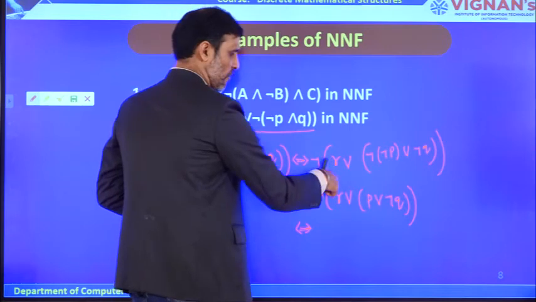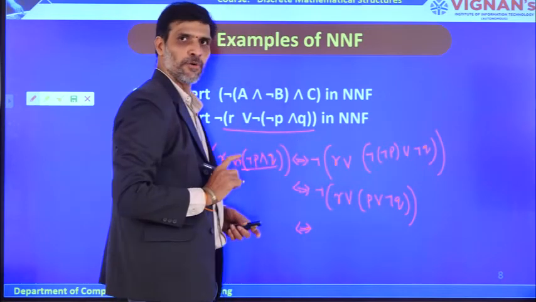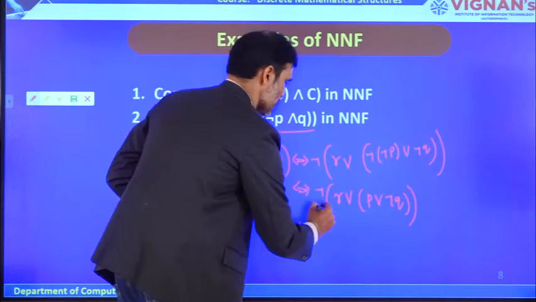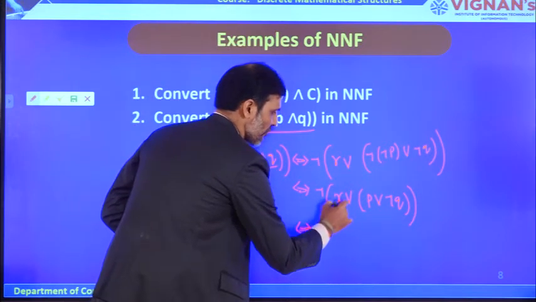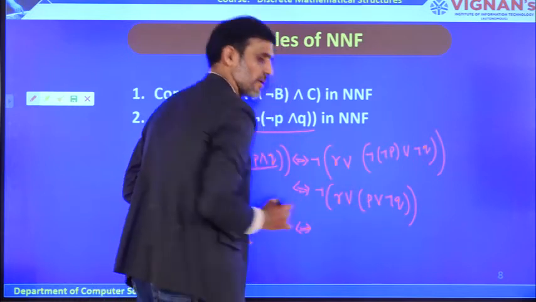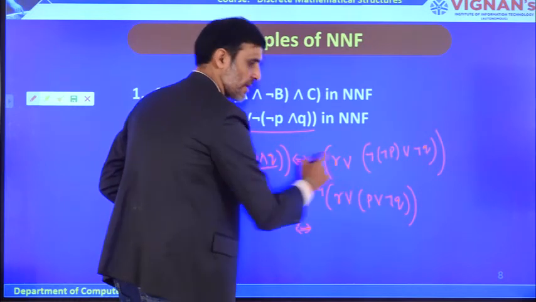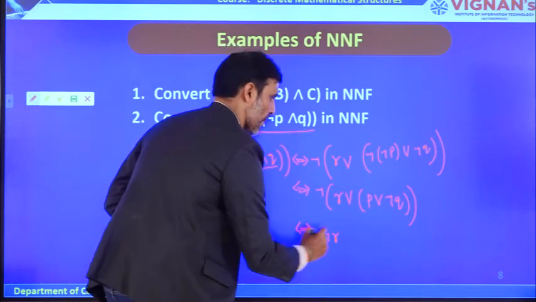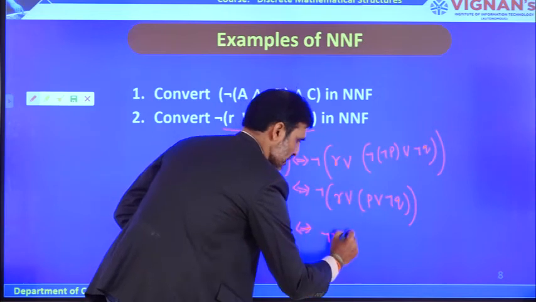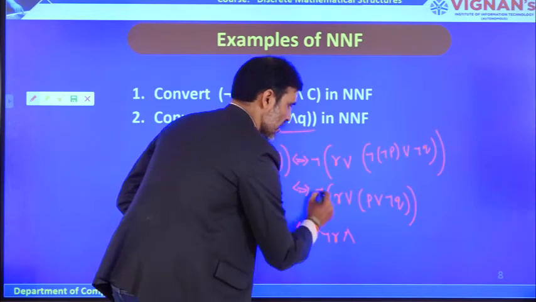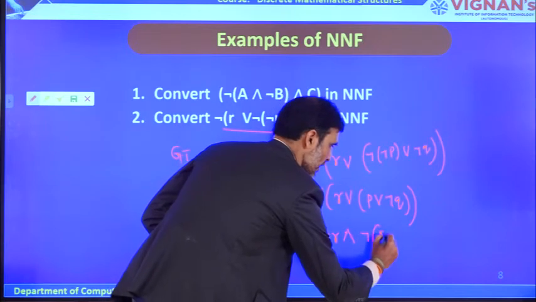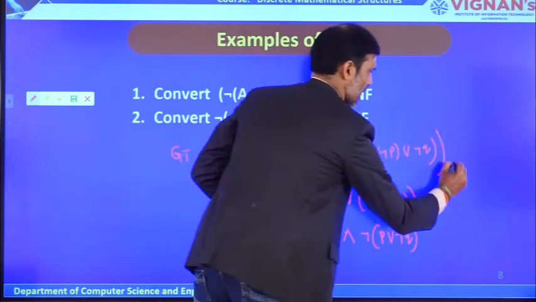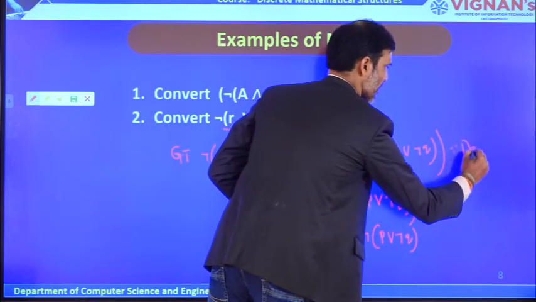Because the negation appears in front of the compound proposition, so we still need to push the negation inside. This is of the form A or B, so how do we write negation of A or B? This can be written as negation of R, and negation of a disjunction gives a conjunction, negation of P or negation Q.